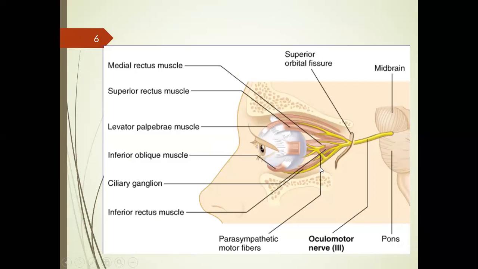Now parasympathetic motor fibers will come through the nerve to inferior oblique. So this part is ciliary ganglion. Postganglionic fibers are short ciliary nerves. So these short ciliary nerves will supply ciliaris muscle and sphincter pupillae.